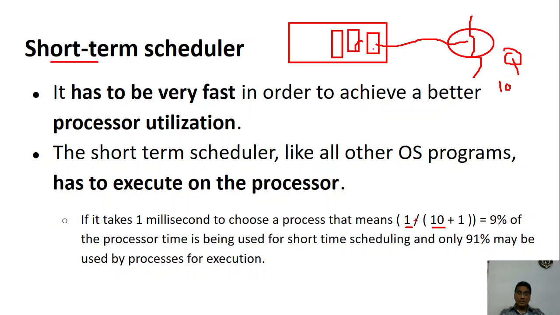It is 1 over 10 plus 1. 10 is your quanta. So about 9% of the CPU time is wasted, because it is taken up by your scheduler, and so every process will get 91%. So 9% of the CPU time is wasted by the scheduler itself.